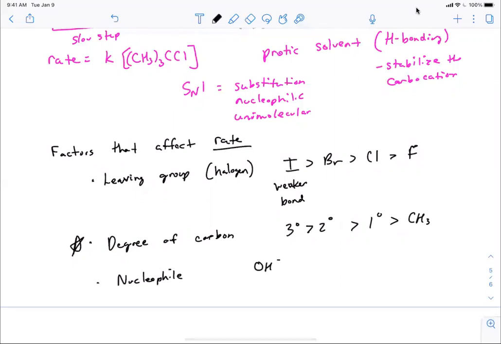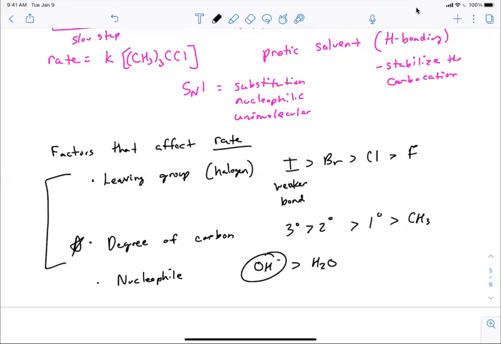So OH- is better than H2O because of its negative charge. But for our purposes, we're only dealing with OH- nucleophiles in our reactions. So that one isn't really a factor. It's these two that really matter in your factors that affect those reactions.